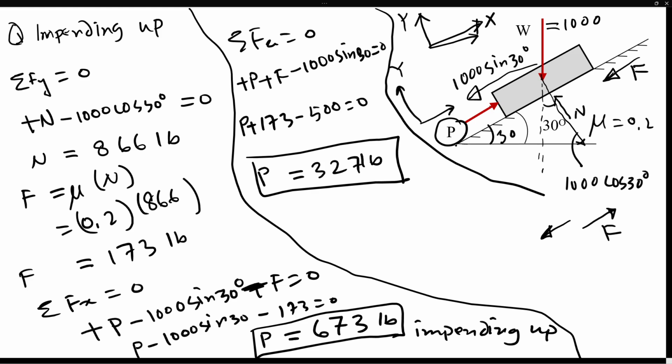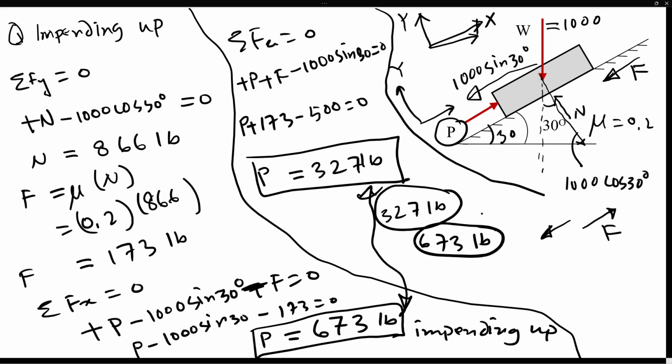It is just about to slide down, but it will still be static and stay there. So if you look at these two forces, this is where the object will be at rest. If we apply force between 327 and 673, it will stay at rest on that surface.